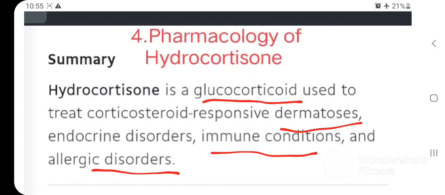Automatically, if your immunity increases, all the antigens, the outer body particles, will die. How? By the increase in the immunity of your body. This is the major use for which doctors prescribe hydrocortisone, but it has very severe side effects.